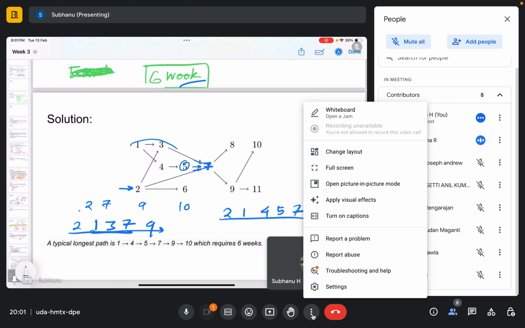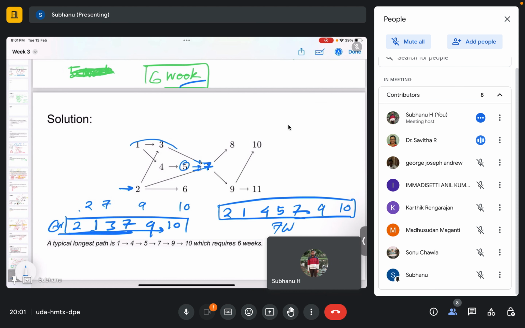If you see here, after 9 you will get 10 only, here also 6 weeks. Or if you see 2 1 4 5 7, then you can go to 9, then to 10 or 11. Here you will be getting 7 weeks, more than 6 basically. Okay. So I cannot take 6 because there is no incoming.